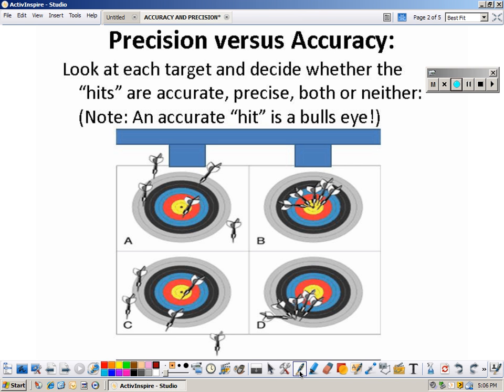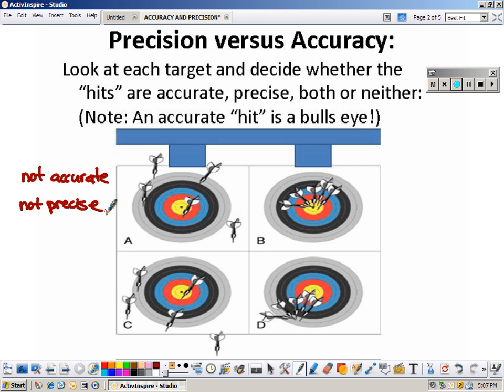Alright, so if we look at A, we see that all these darts are scattered throughout the whole target. So we would say that they are not accurate because they don't hit the bullseye. So not accurate. And the hits are scattered, they don't concentrate in one particular place, so they're not very precise either. Not precise.